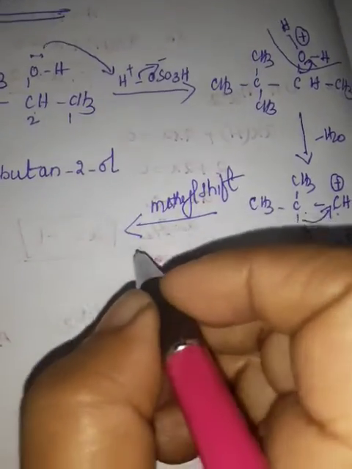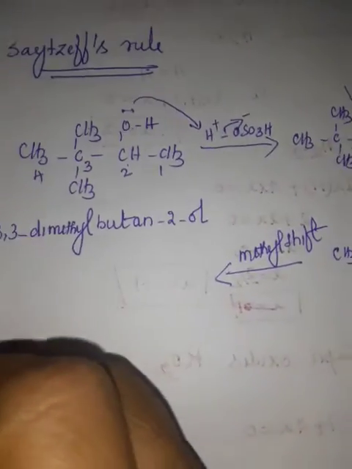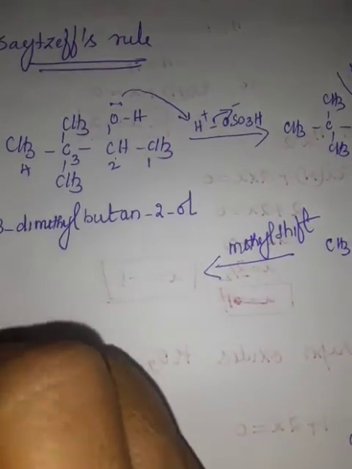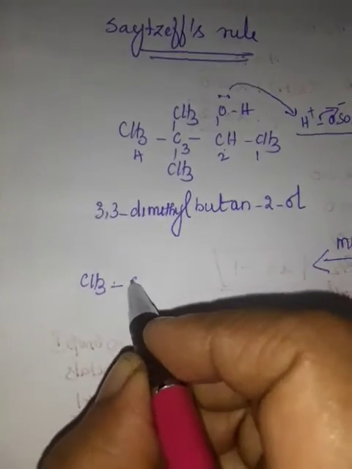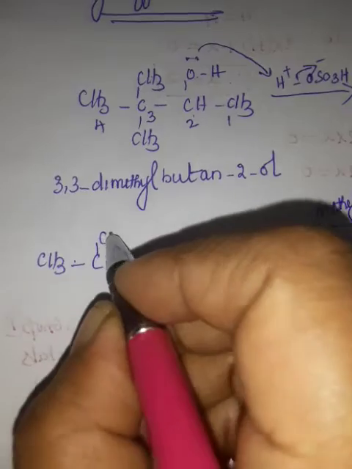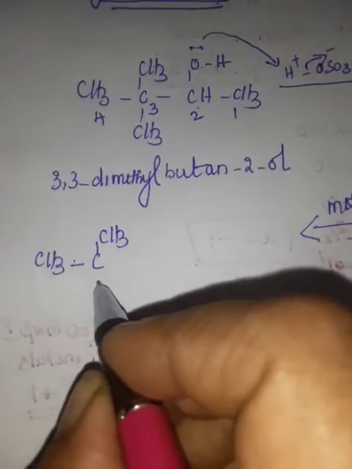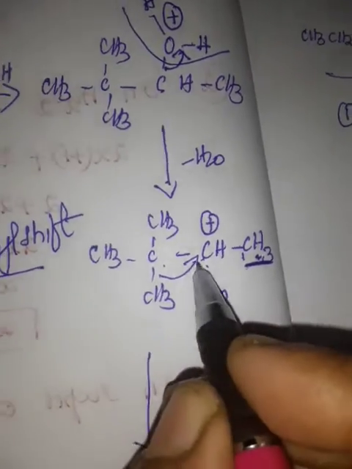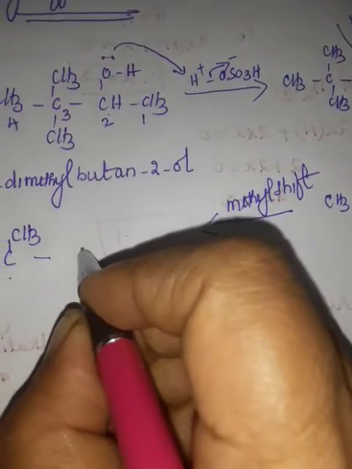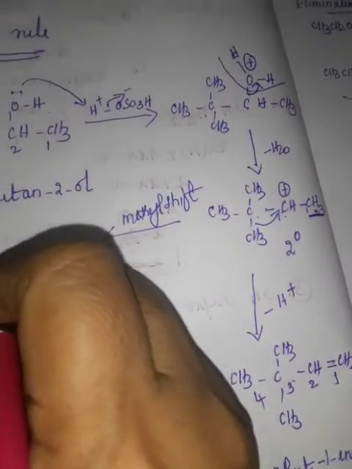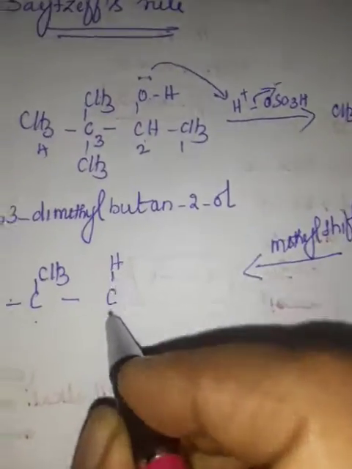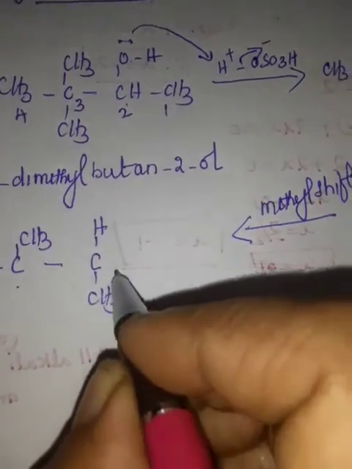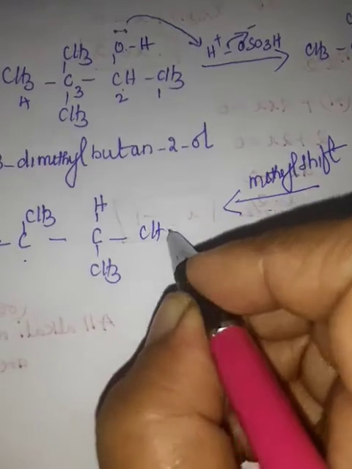So what happens? CH3, C, CH3. This CH3 shifted to the second carbon, so no CH3 here. Here carbon, hydrogen, then one CH3, then CH3.